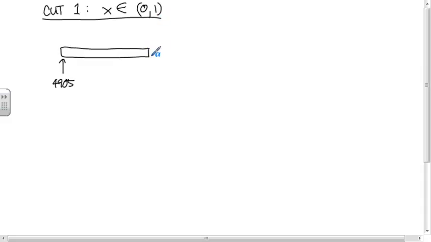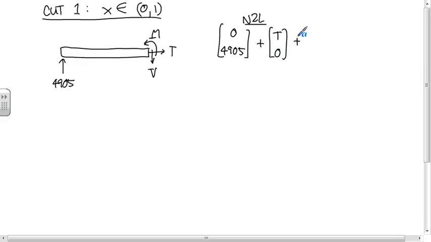And so the only other loads are the tension, shear force, and bending moment. And so Newton's laws say 0 = 4905 + T, 0 = 0 - V.